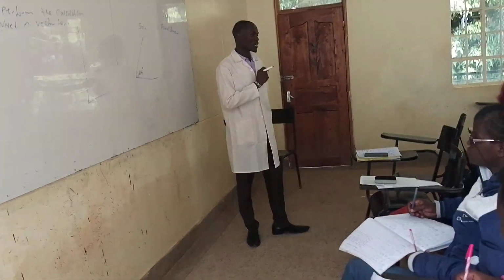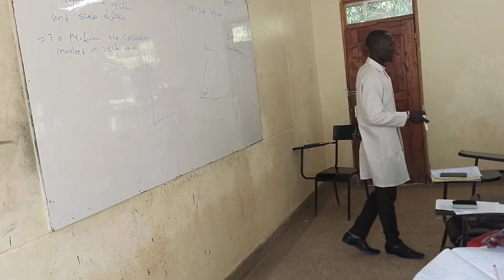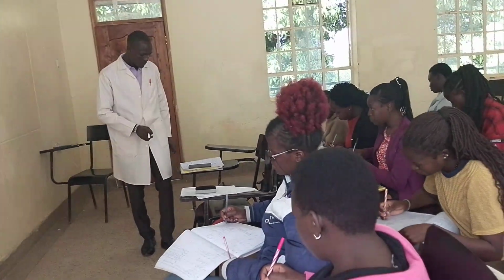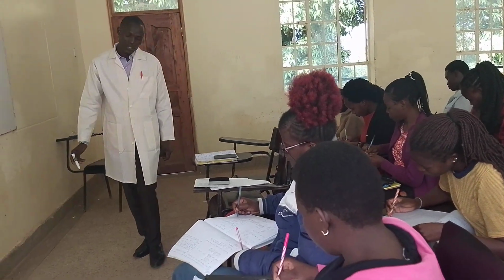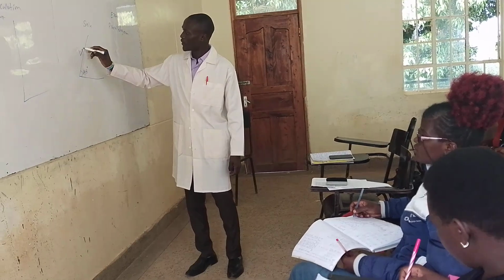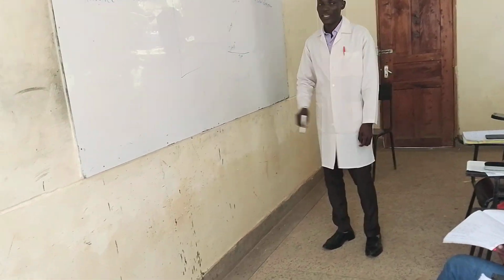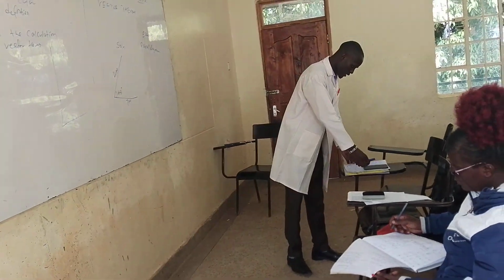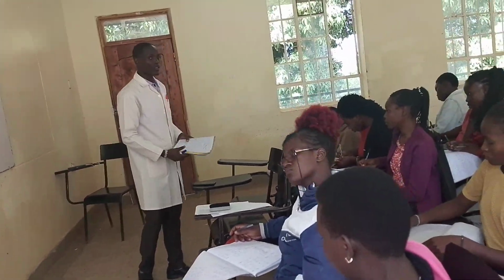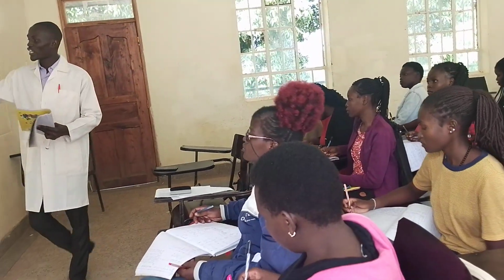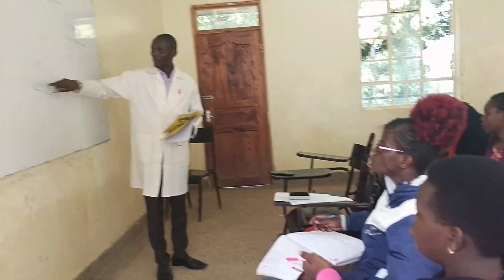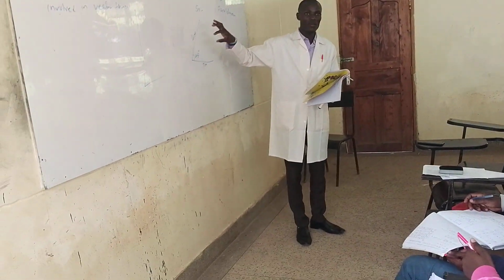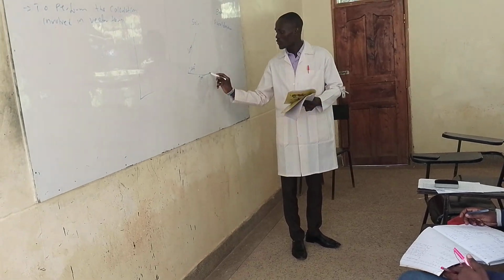Then we have the forces that have been given, 4 N and 7 N. Very good. So when we draw this vector in this direction, it shows us the angle and also the direction of the forces. This shows us how the force is moving.